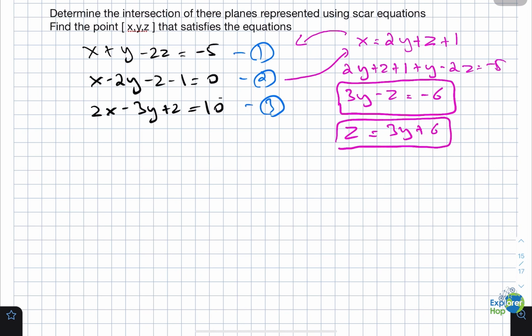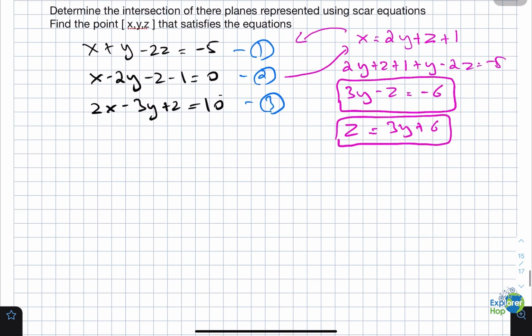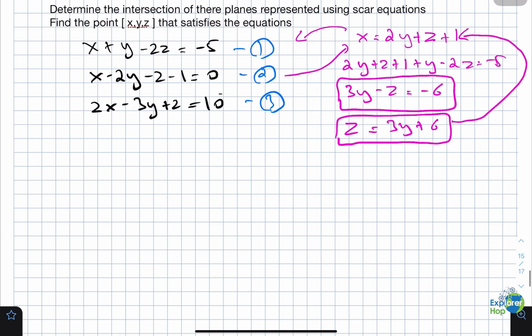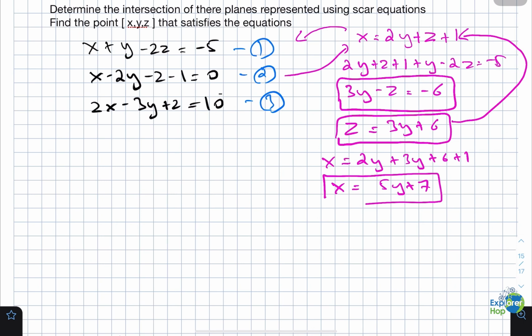This is what we have z as, and now that we have z, we can plug this into x, where we get x equals 2y plus 3y plus 6 plus 1. This would give me x equals 5y plus 7. So now I have found out what z and x are.